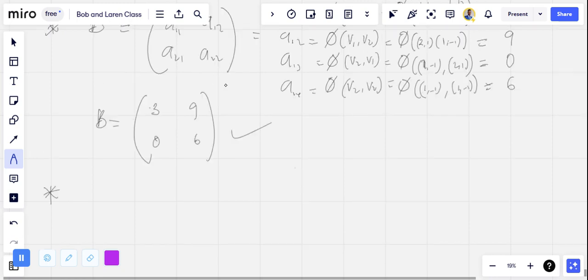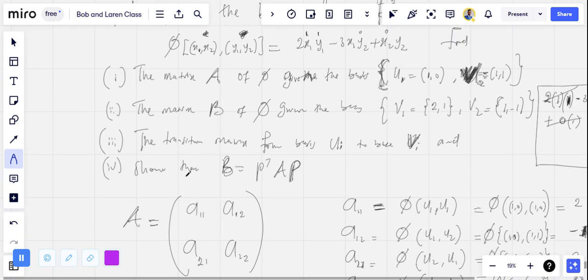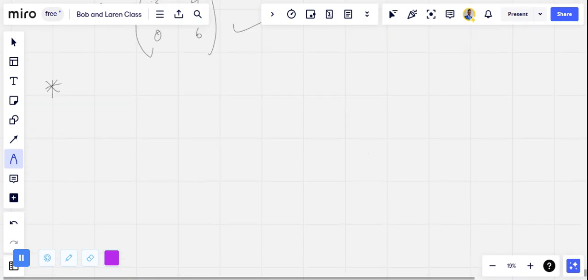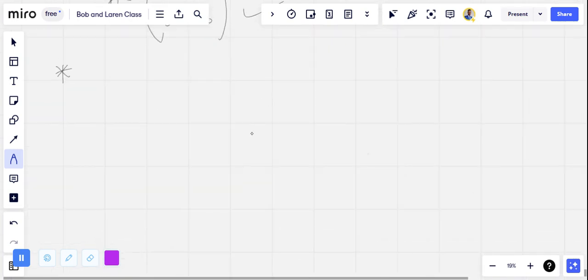So now, what are we going to look for? The third part, I think that's where we are. They said the transition matrix from basis U1 to what? Basis V, Ui to Vi. Okay? Ui to Vi. So I think there should be a proposition for that too. Normally, Vi implies that we have V1, we have V2, right?